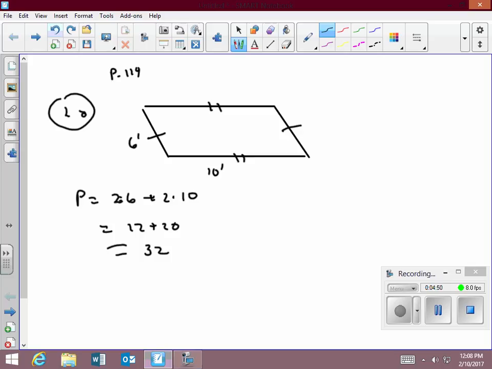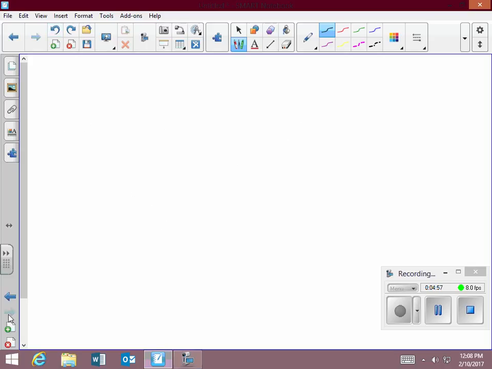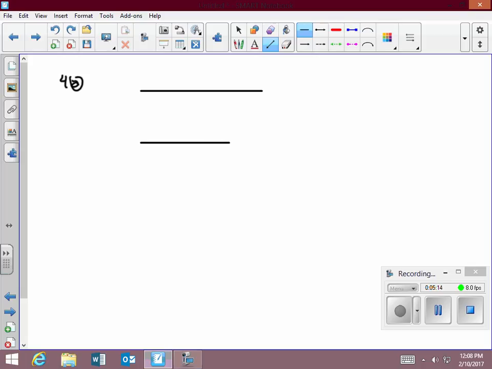Number 4 says determine the perimeter of each figure. The only thing I think that probably needs to be mentioned is on A. It's just going to be the sum of those around there.